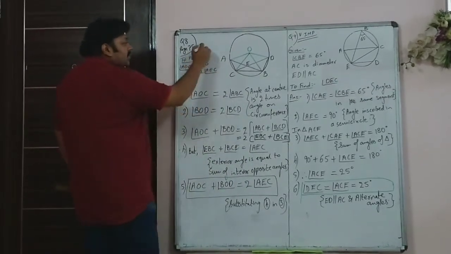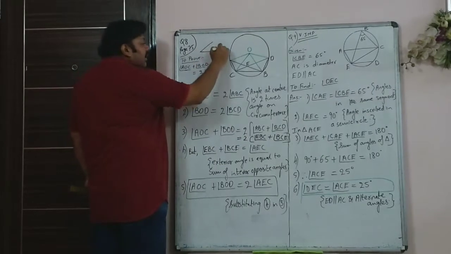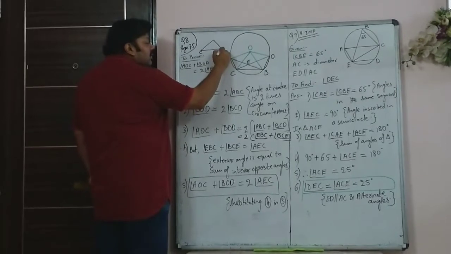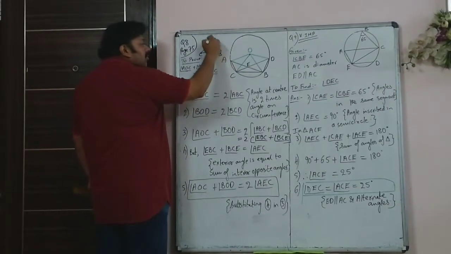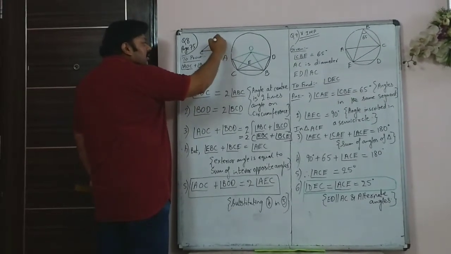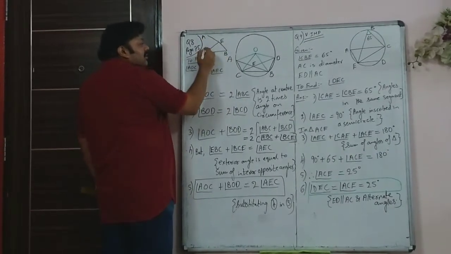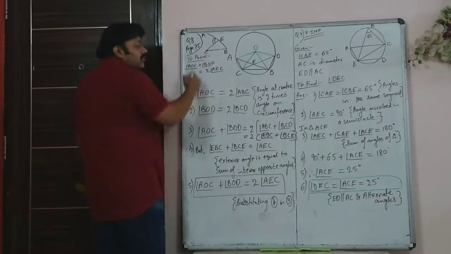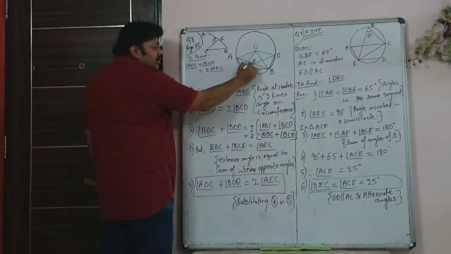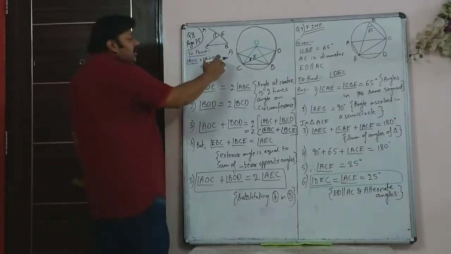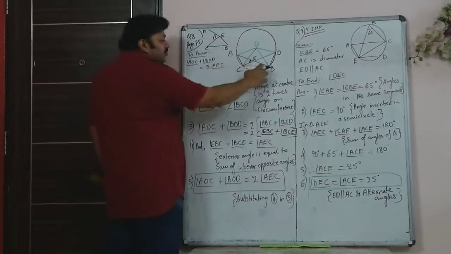To understand this, consider the triangle CBE. When you produce this side, you have produced it to point A. So this angle AEC is an exterior angle of triangle BCE.